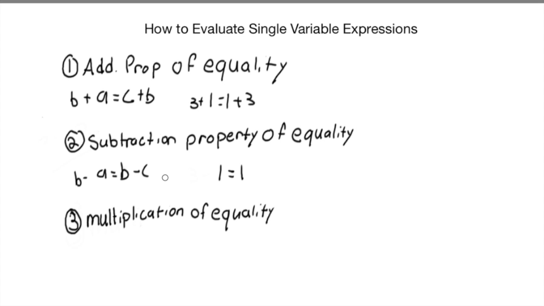Suppose we have 1 equals 1, and then over here we have negative 3 plus 1, which is basically, just to make it easier on ourselves, 1 minus 3, that's equal to negative 1 plus 3. And again over here, 1 minus 3, because we have to do the negative 3 to both sides. Even to cancel it out, 1 equals 1, and with the negative 3, it just makes it equal.